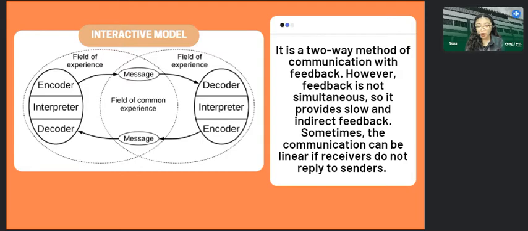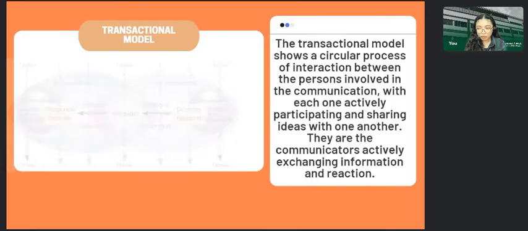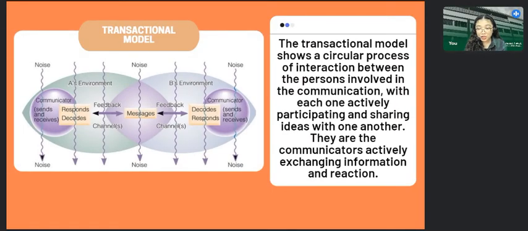Okay, so again, in addition, it has feedback and also it is a two-way process. And also ito pa pala, in the transactional model of communication, the communication in that model is simultaneous. Okay, it means sabay-sabay, pwede nating pagsabay-sabayan in this model of communication.